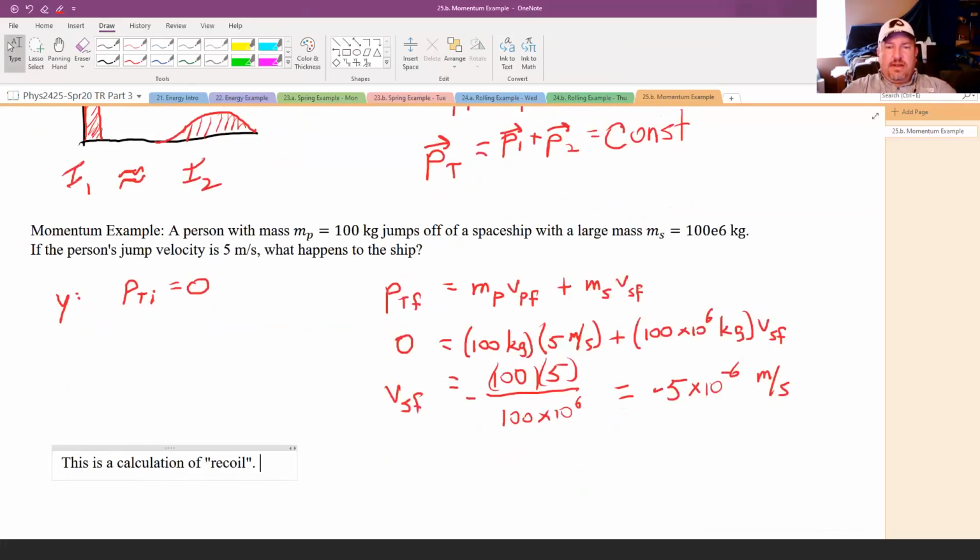Now, this is a calculation of recoil, the same idea that we think of in shooting guns. If you shoot a gun forward, there's a recoil of the gun backwards.